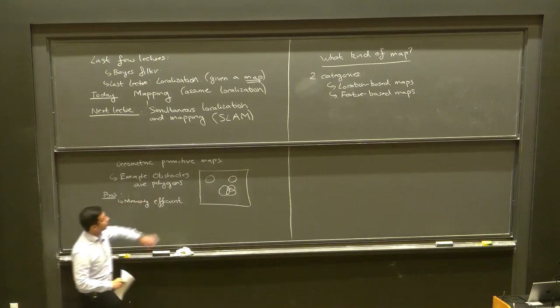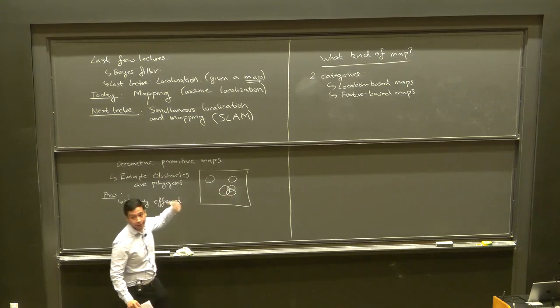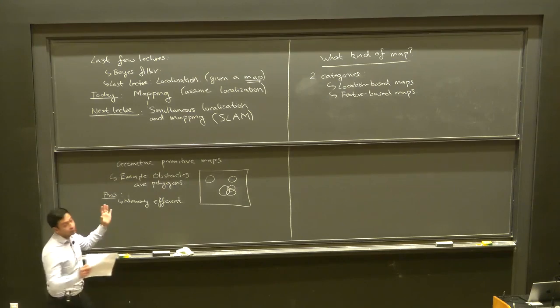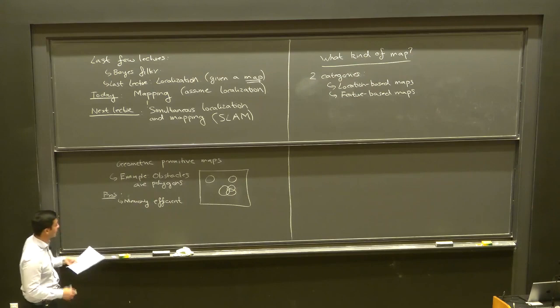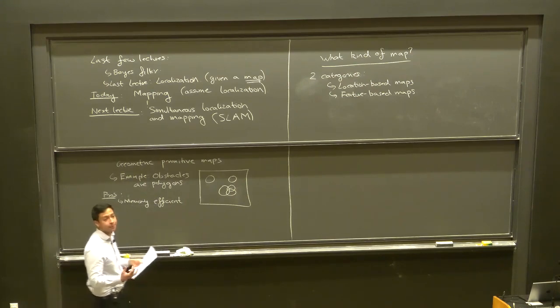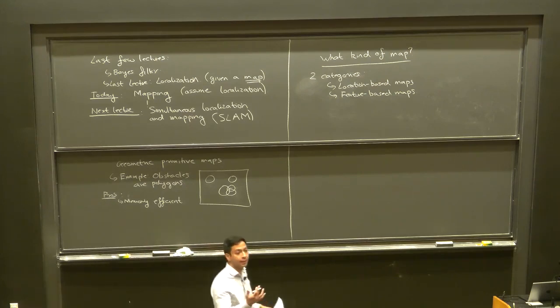In this case, all you need to store are the centers of these spheres and their radii, right? So that's a relatively small number of things that need to be stored as compared to an occupancy grid map, which we'll come to in a second. But yeah, so these kinds of maps where you just have simple shape primitives, and you represent objects as unions of them, can be memory efficient.